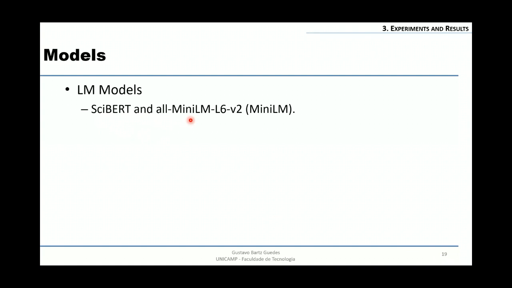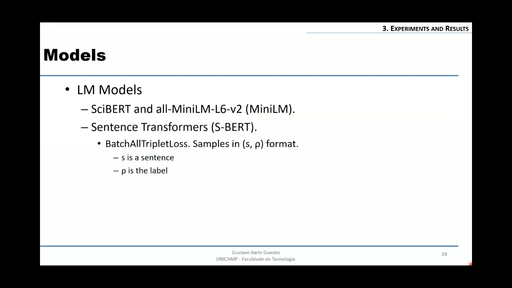So it's faster to train, has fewer parameters, so you don't need a very big GPU memory to train it or even to make inferences. I wanted to test a very efficient model as well, even if it was not from the scientific domain. And we used the sentence transformers library, SBERT, which has a loss function called batch triplet loss.